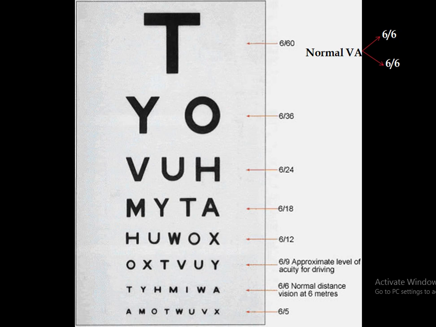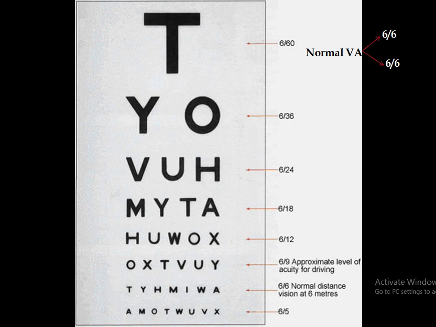If it is somewhat different, say 6 by 18 on the right side, then you will change it accordingly. This space will show the right side and this space is for the left side. So in this manner we are going to write the visual acuity of the patient.